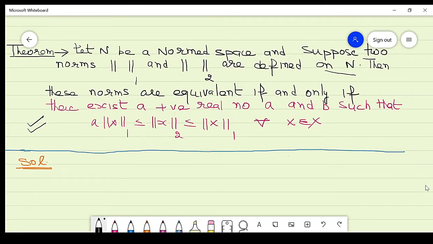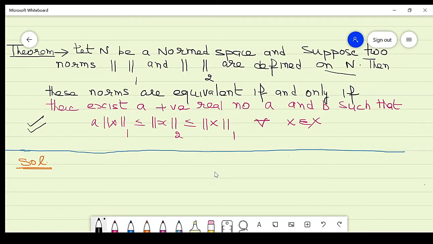Remember, when the norms are equivalent, they introduce the same topology on N. It means an open set with this norm is also an open set with that norm.